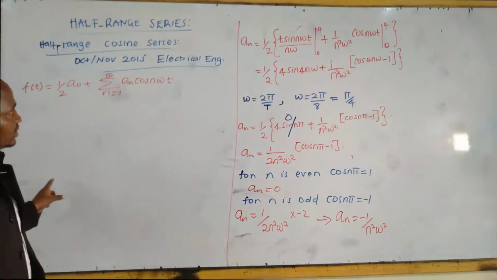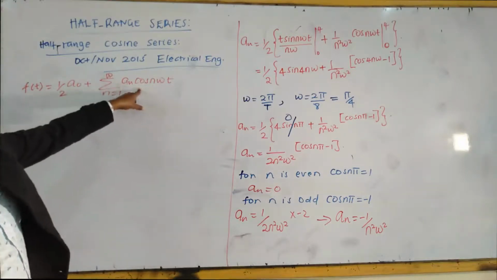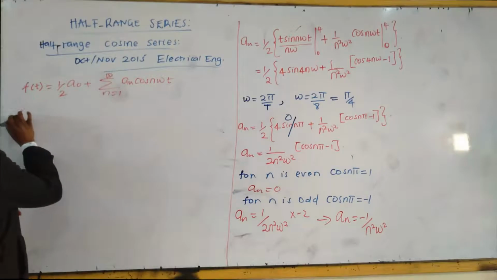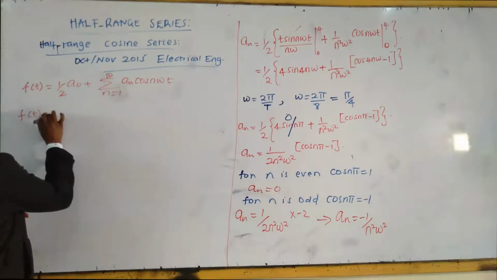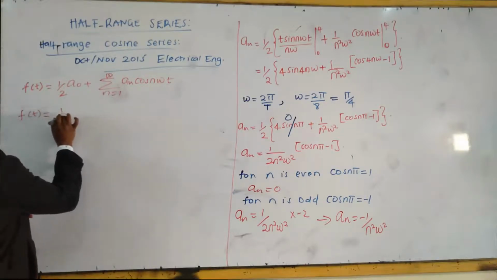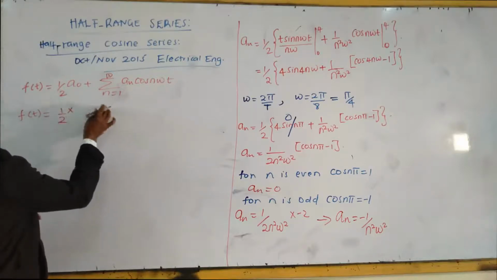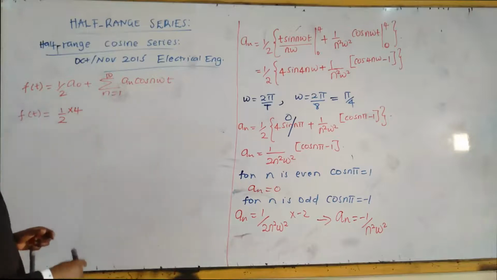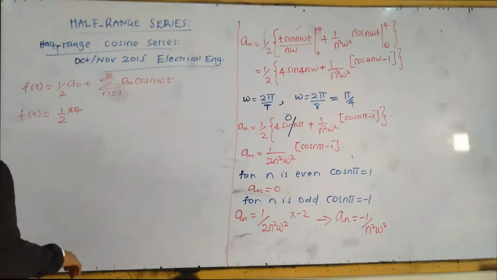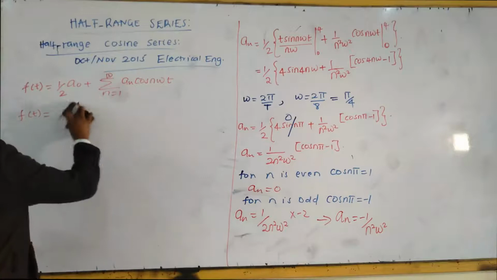We substitute the value of a naught and an in our series. Function of t now will be equal to a half a naught, a naught was 4, that is a half times 4 is 2.